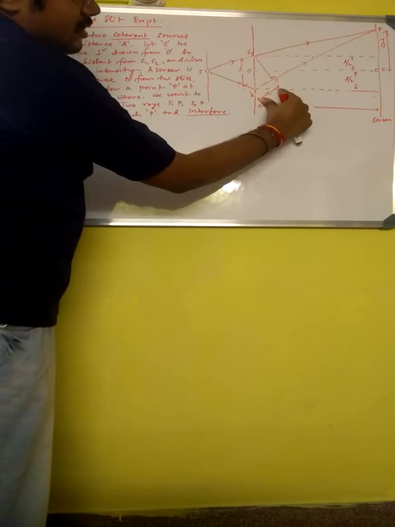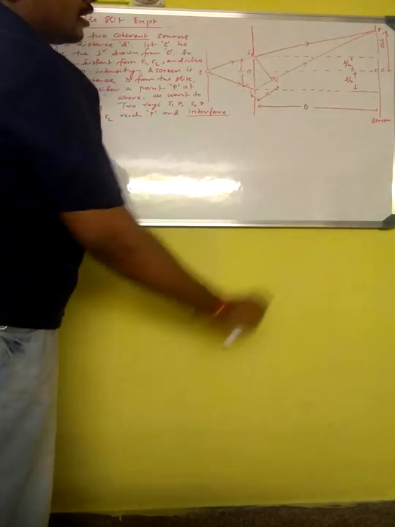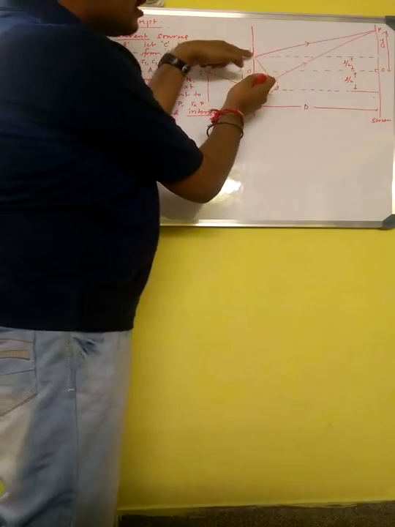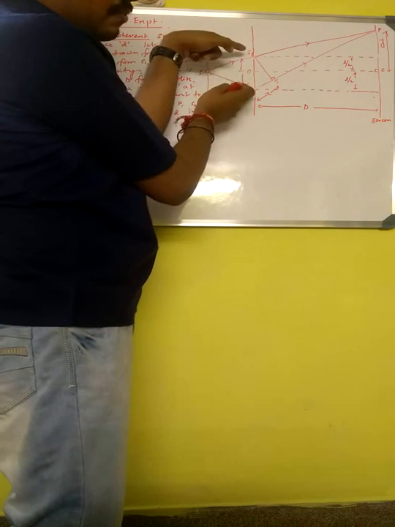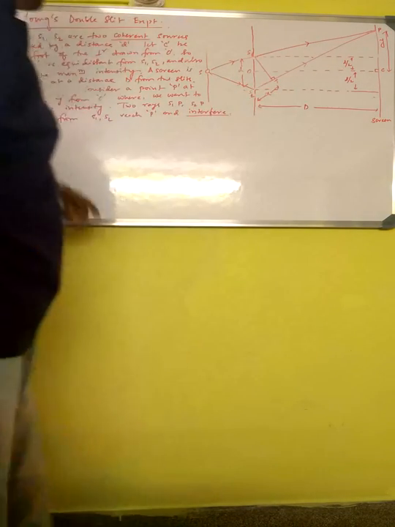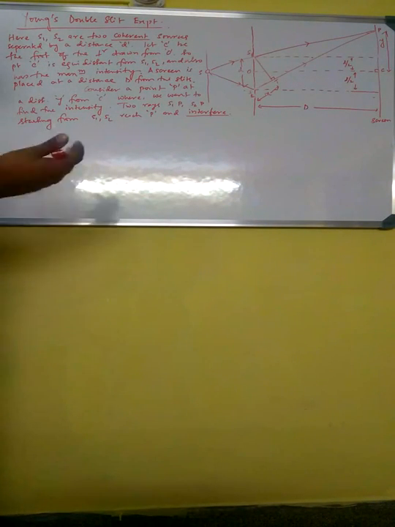This length is basically the path difference between the two rays S1P and S2P. After this point T, both the rays travel equally. Before that, there was a path difference between them, this much, S2T, which is x. This is written over here. You can copy that by pausing the video if you want.